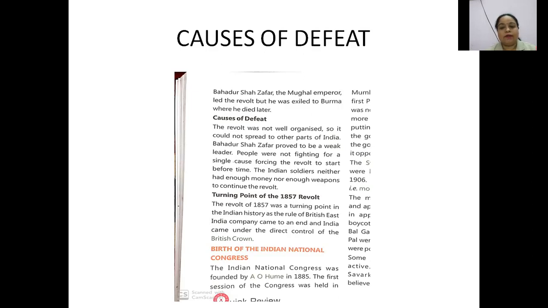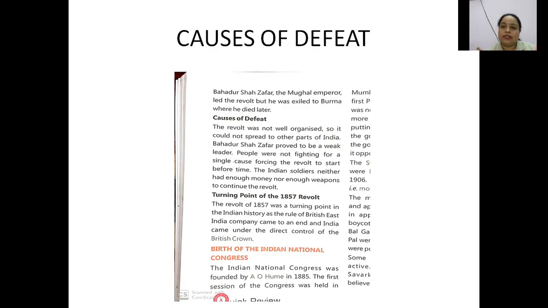Now we will discuss the causes of the defeat of the revolt of 1857. The first is, the revolt was not well organized. What is the main problem with the revolt? Everybody was so brave, everybody was so good. But the problem with the revolt is that it could not spread to other parts of India.